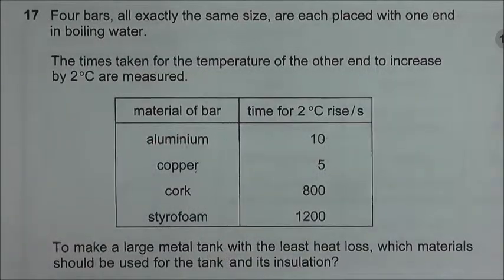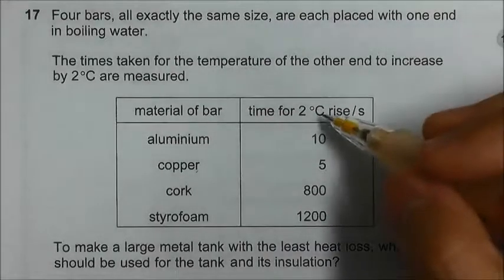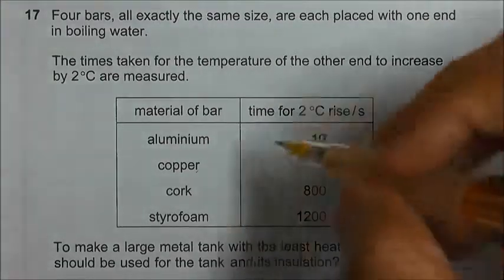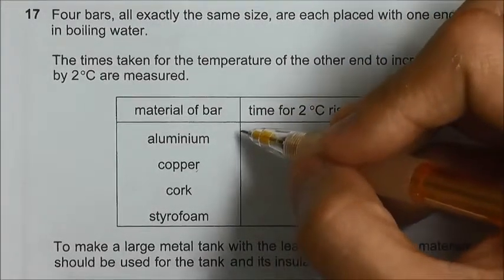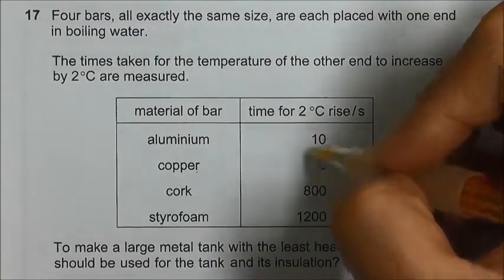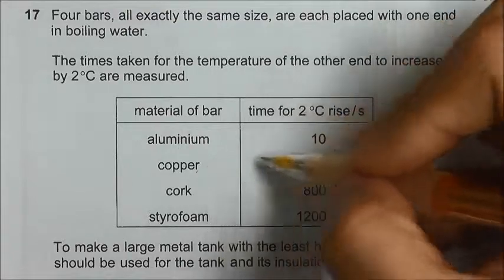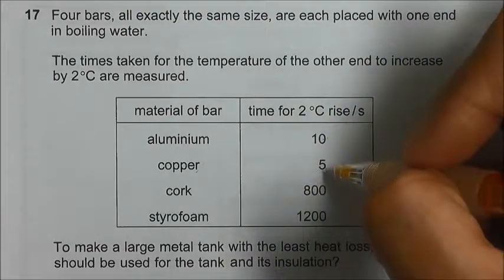Okay, we have 4 bars of different material being placed into boiling water, and the time for them to rise by 2 degrees Celsius are recorded here. Okay, now let's look at aluminium and copper. Aluminium takes 10 seconds and copper takes 5 seconds. That means that the copper conducts heat very well.